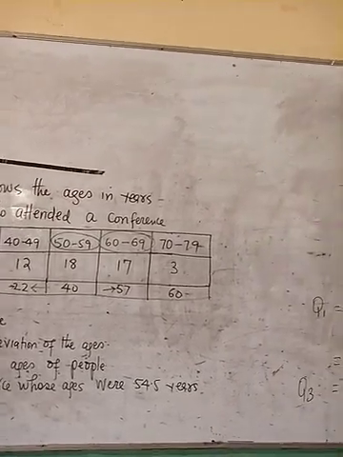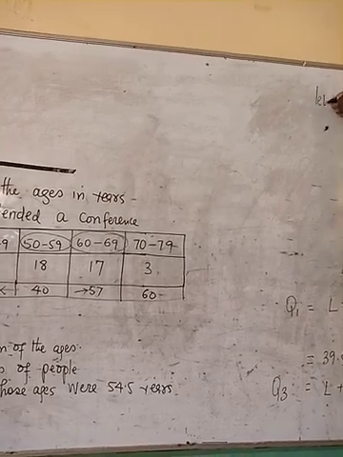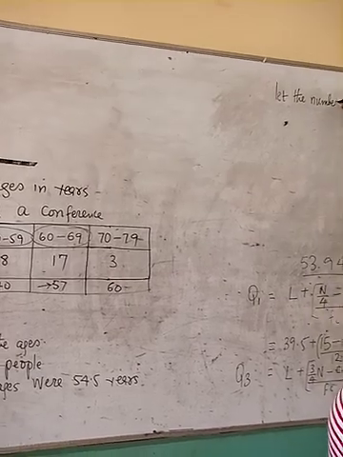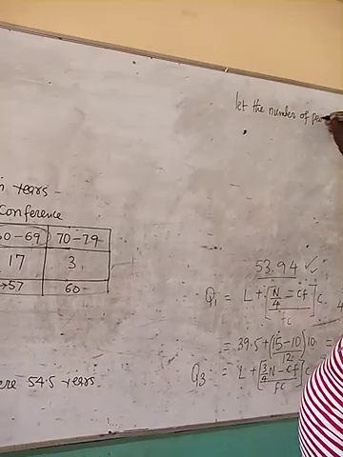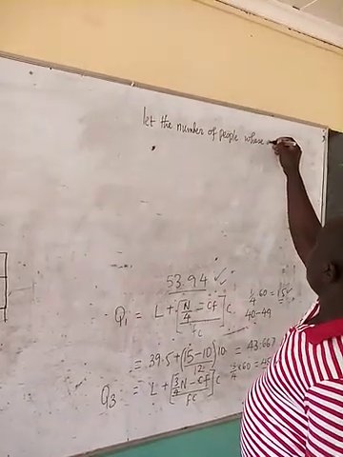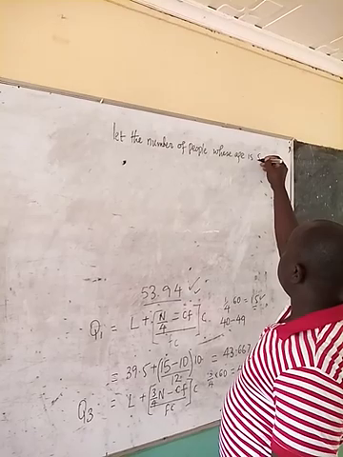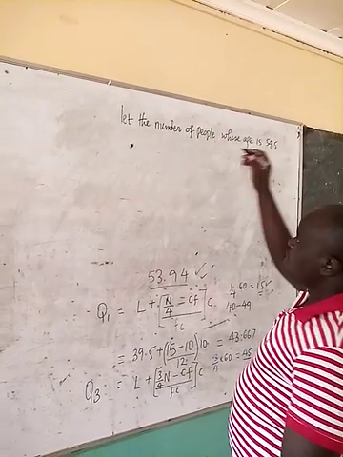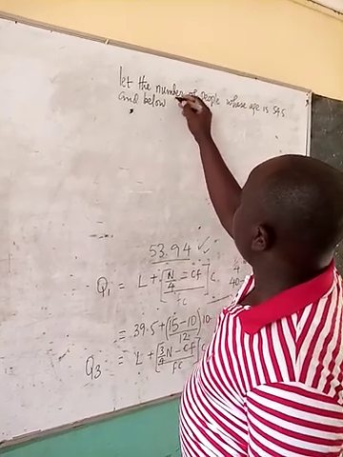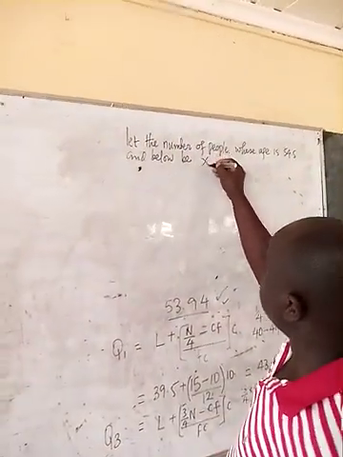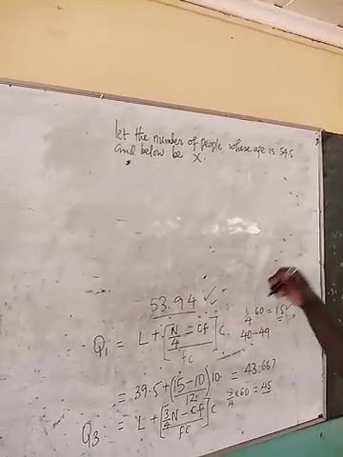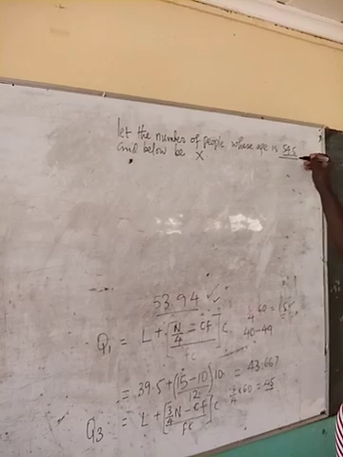We can say let the number of people whose age is 54.5 and below be X. You can let it be X. So that we use that formula. The mark is already given.